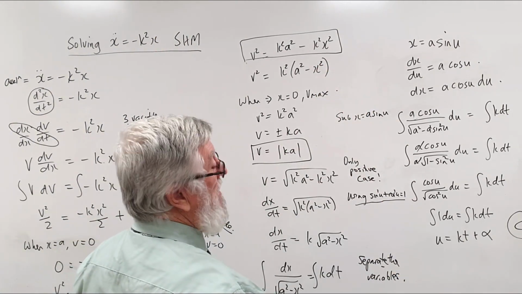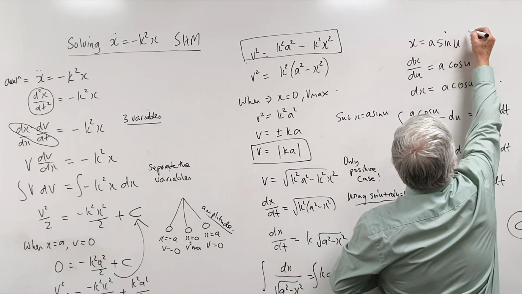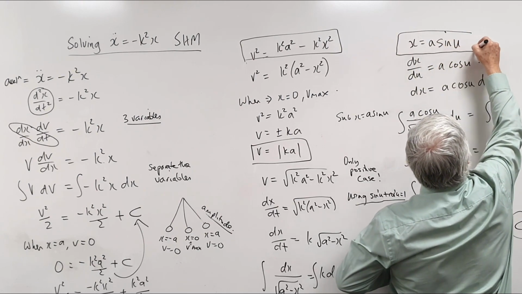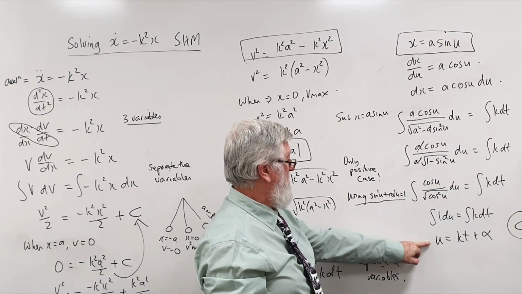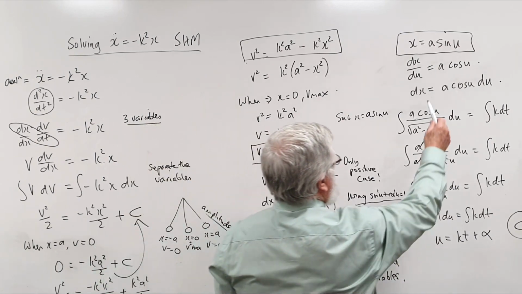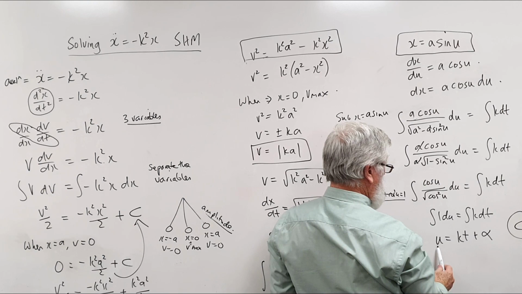So what are we going to do now? Substitute that back into there. Why back into there, not somewhere else? We want a relationship between x and t, and we want to eliminate u.